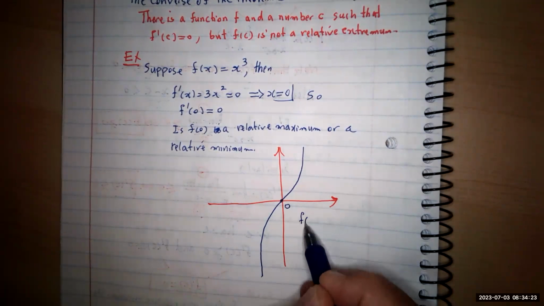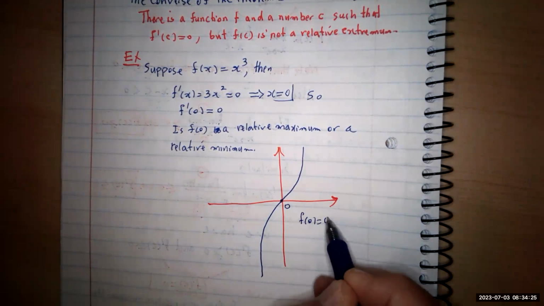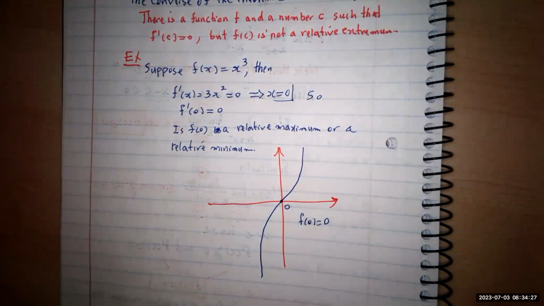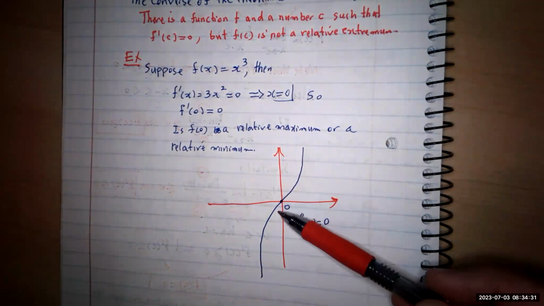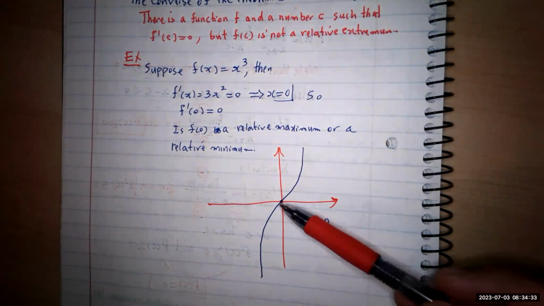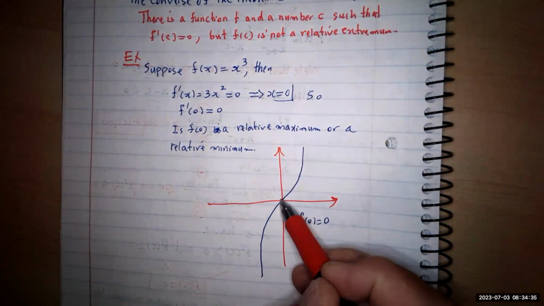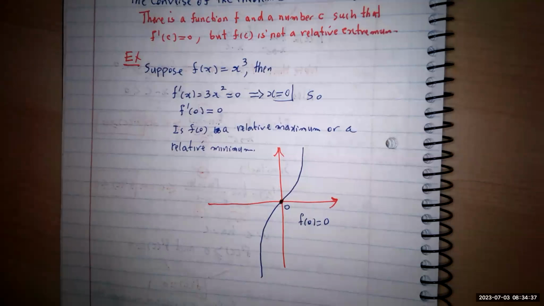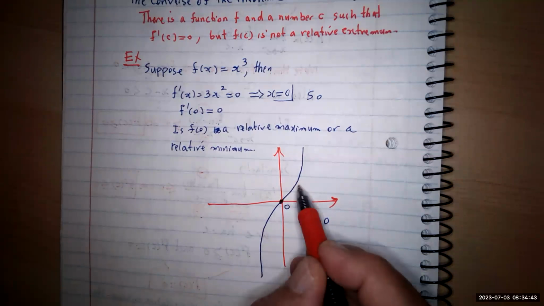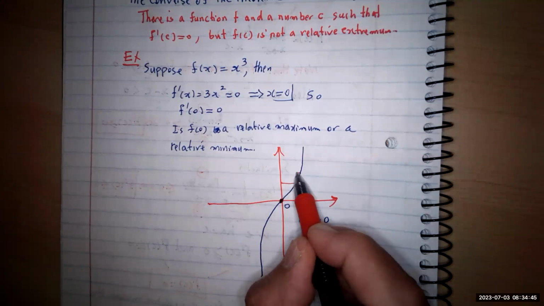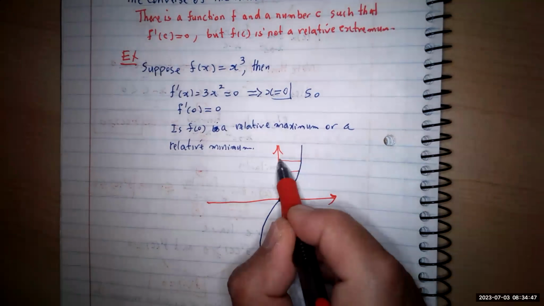If you claim that this is a maximum, it means this must be the maximum value of the function. Is it the maximum value of the function, relative maximum? No, because there are lots more points above it.